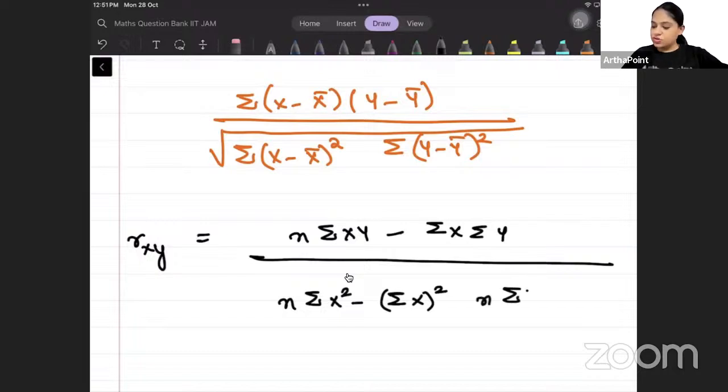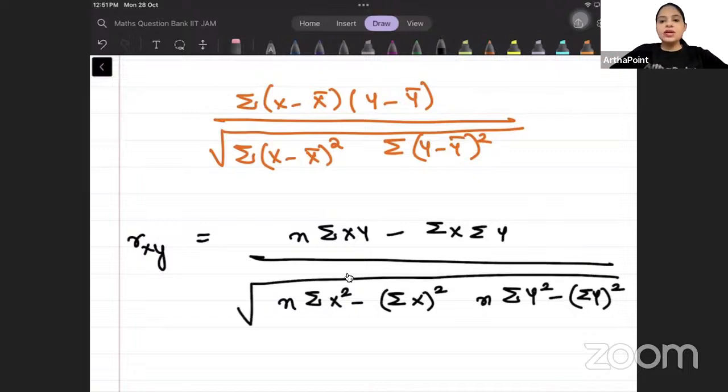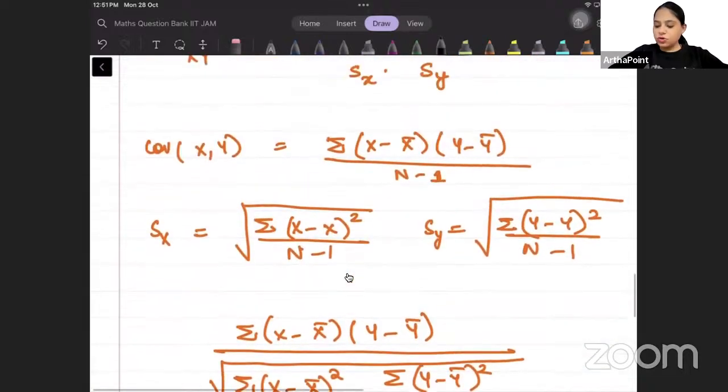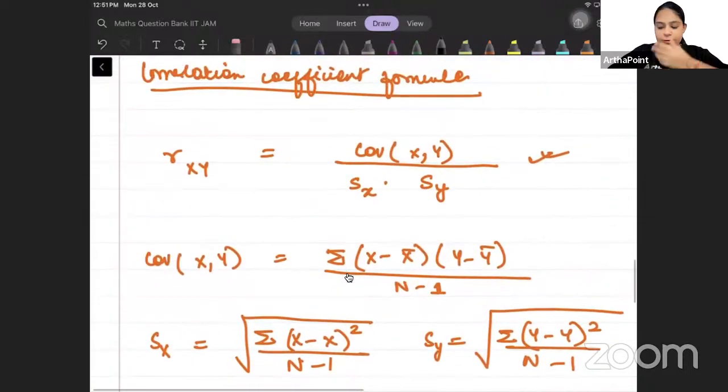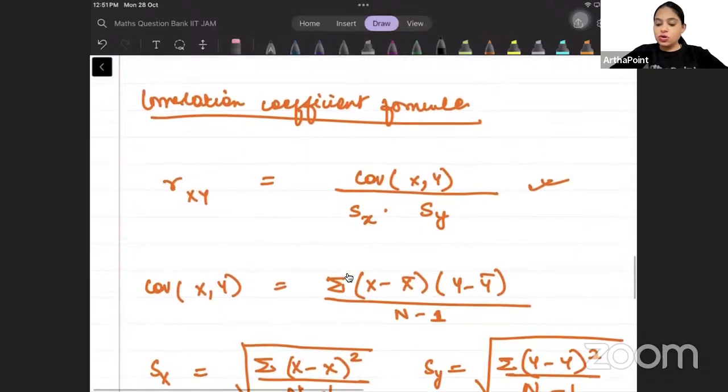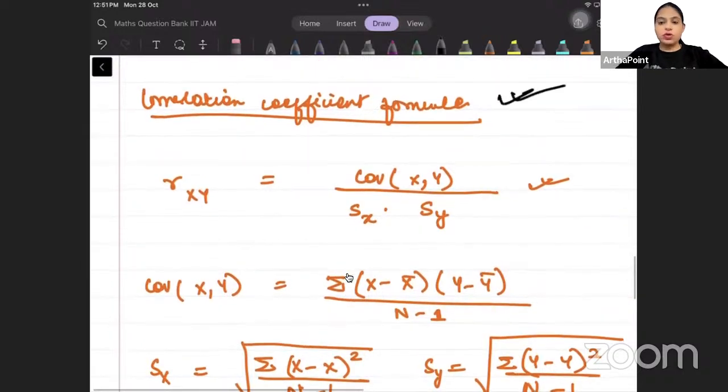N summation y square minus summation y whole square, and then under root. These are the various formulas of R x, y that can be used, right? This is your correlation coefficient formulas.